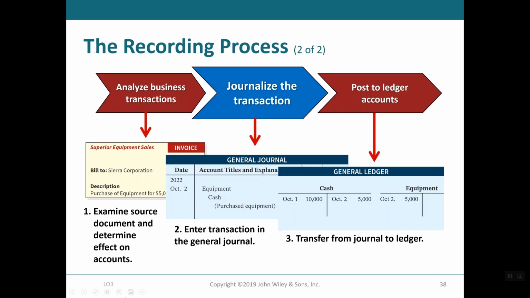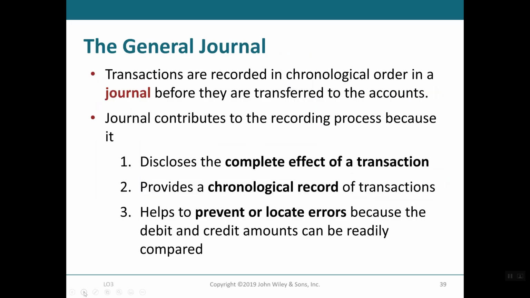It's more or less like the T ledger. Okay. The journal contributes to the recording process because it discloses the complete effect of a transaction. And then it provides you with chronological records of the transactions. Say you want to look for a transaction, it's easier to find it in the journal. You know, oh, what date are we looking for? The 10th. Then you go to the 10th day, right?